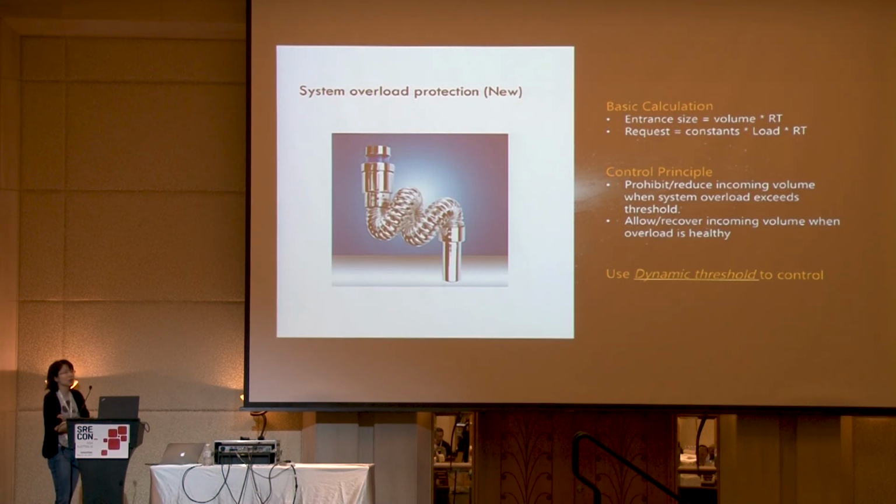And here comes the water with volume L. Then how large could our entry size be so that this water with volume L can pass the tube without any waiting? This formula can be easily derived: when the entry size equals volume divided by the response time, the water can pass the tube without waiting.